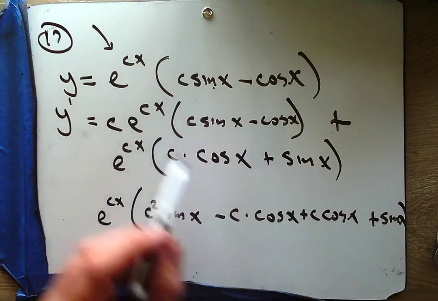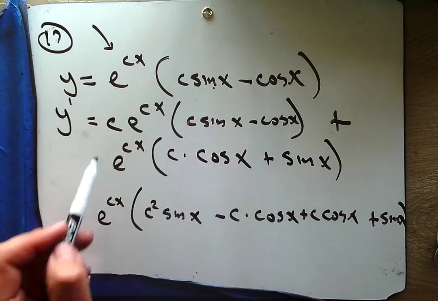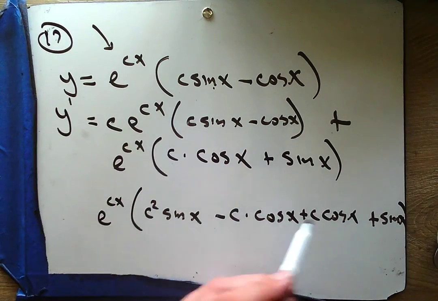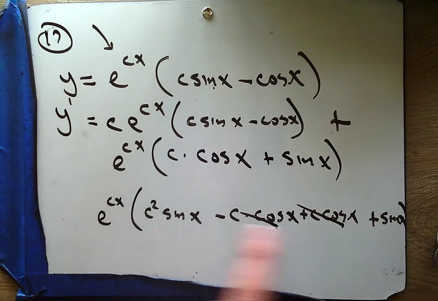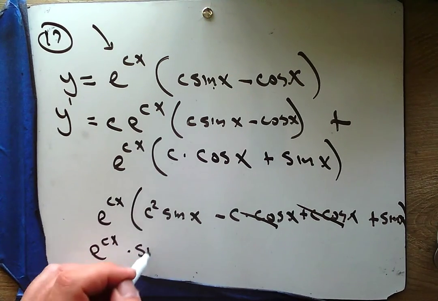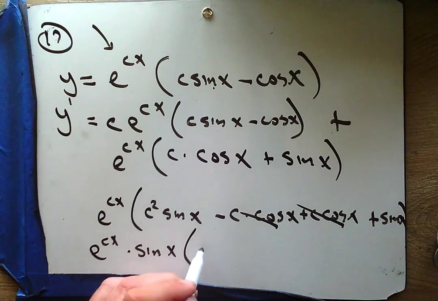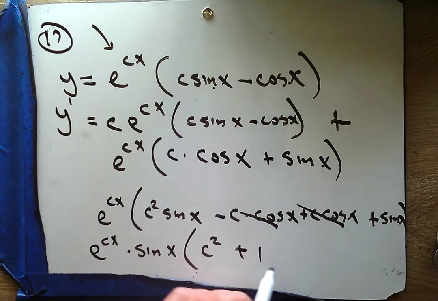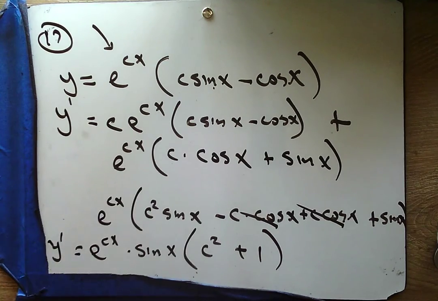Did I distribute that c to both of those? Yes, I did. And so these cancel. I can take out a sine now. So e to the cx sine x, leaving me c squared plus 1. Well, that's really quite tight. Okay, 17. How about 18?